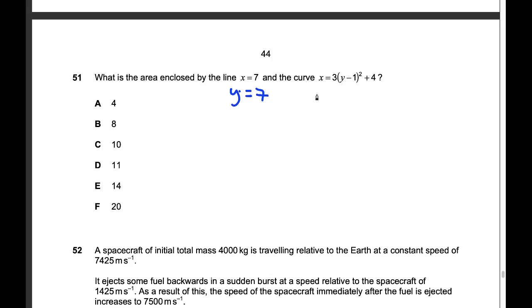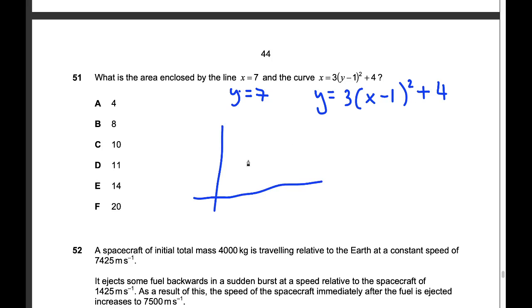So I'm going to make this y equals 3(x minus 1) squared plus 4. You're free to do that if you wish. And now I can just draw it if I like.